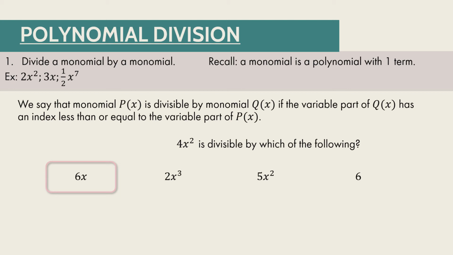And moving on, 5x squared, it is divisible because we have the index 2 equal to the index in the dividend. They are both 2, so we can divide 4x squared by 5x squared. And 6, of course we can. In this case, we do not have any variable part, so we just divide the coefficient by the coefficient and keep the variable part untouched.